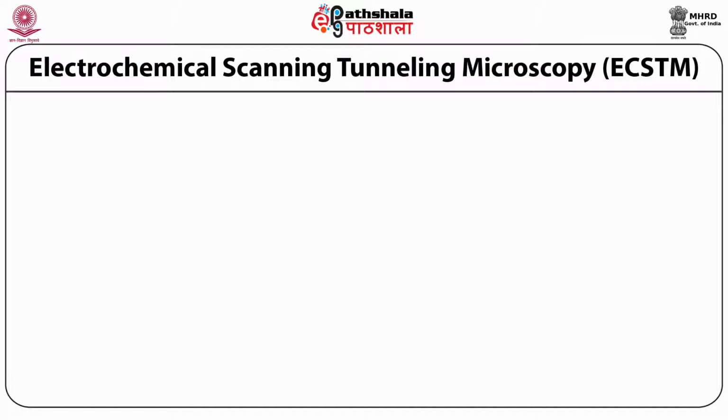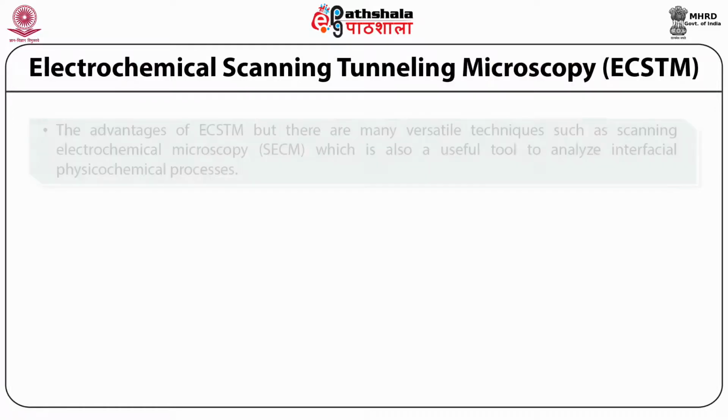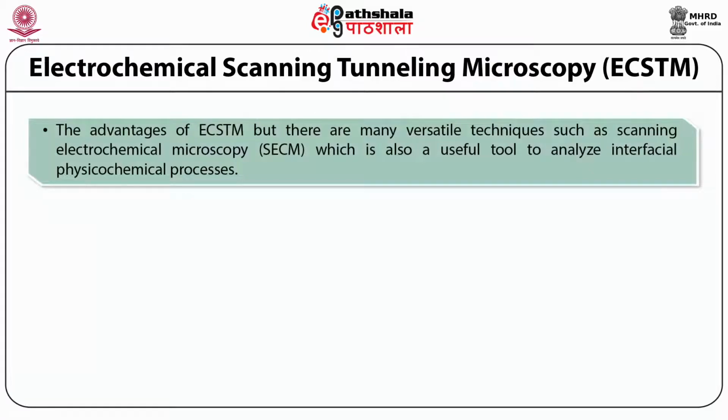The advantages when we use the ECSTM technique. There are many advantages, and there are many versatile techniques such as scanning electrochemical microscopy, SECM as we call it, which is also a useful tool to analyze interfacial physico-chemical processes.